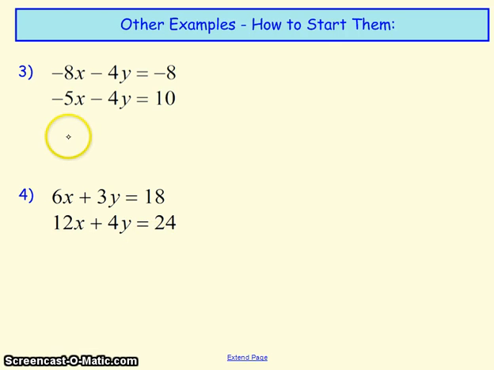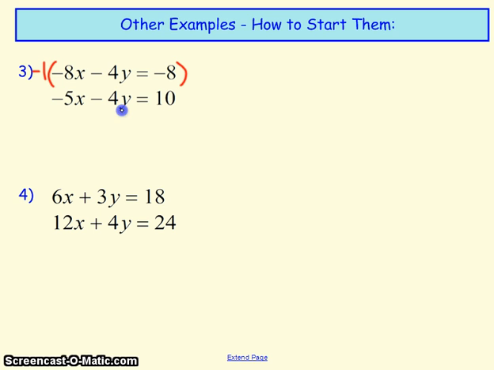So in example 3, we see these two systems, negative 8x minus 4y equals negative 8, and negative 5x minus 4y equals 10. Now this would be great if the y's had different signs. They already have the same coefficient, but they're both minuses. So I could easily fix this by taking this first equation and multiplying it by negative 1.